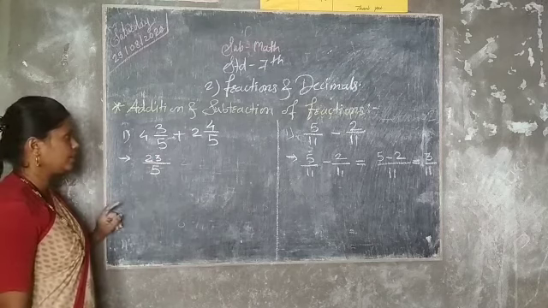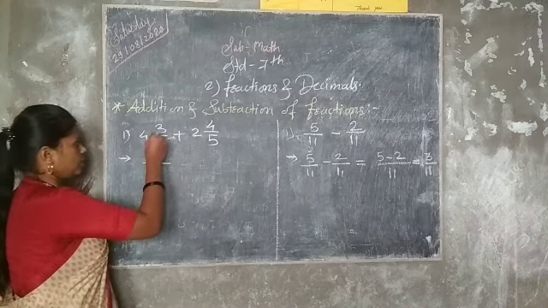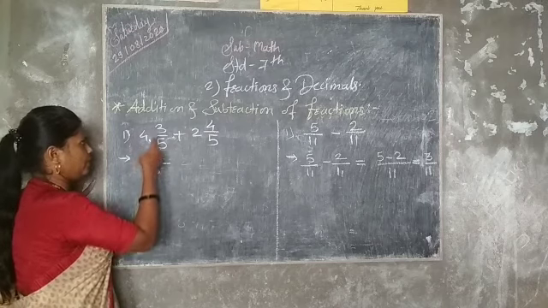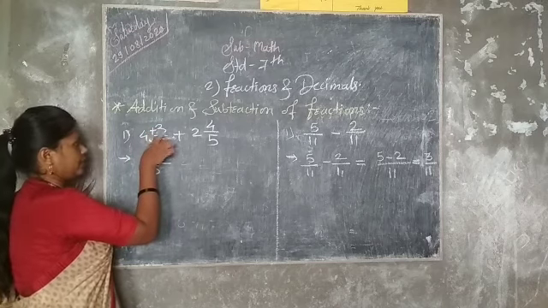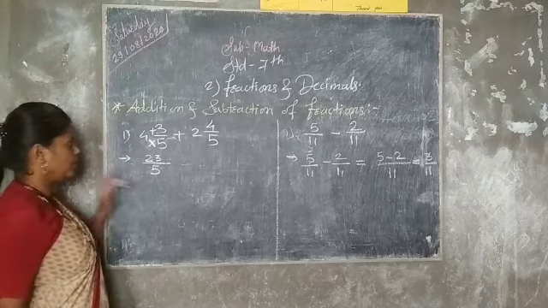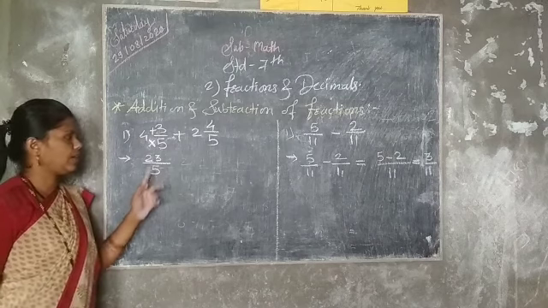See what I say: you have to multiply the whole number and the denominator, 5 fours are 20, and add the numerator to that product. 5 fours are 20, 20 plus 3, 23, denominator as it is, 5.